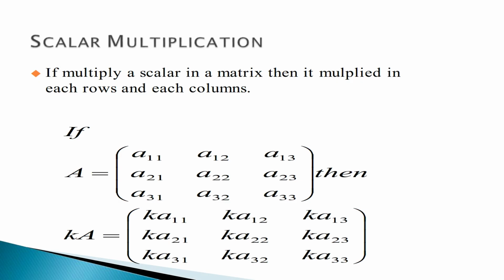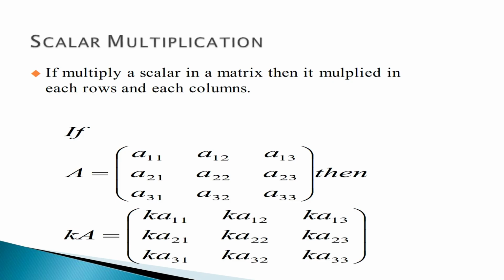Next is, what is scalar multiplication of matrices. If we multiply a scalar with a matrix, then this scalar is multiplied with each element of the matrix. That means this scalar is multiplied in each row and each column. Suppose A is a matrix of order 3 cross 3: A11, A12, A13, A21, A22, A23, A31, A32, A33.